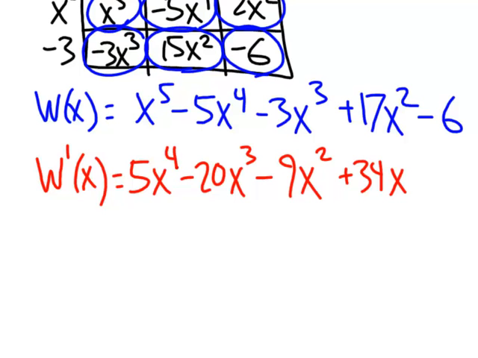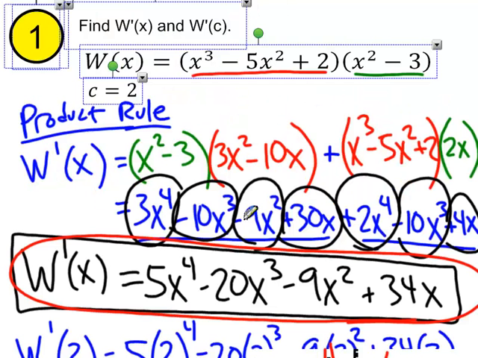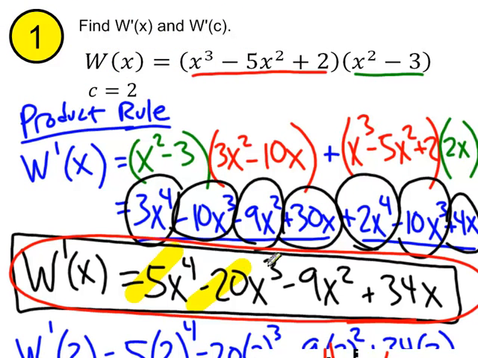And then the last one, the derivative of minus 6 would just be 0. If I compare that to what we got when we used the product rule, notice I've got 5, negative 20, negative 9, 34. It's the same thing. It's the same w prime.